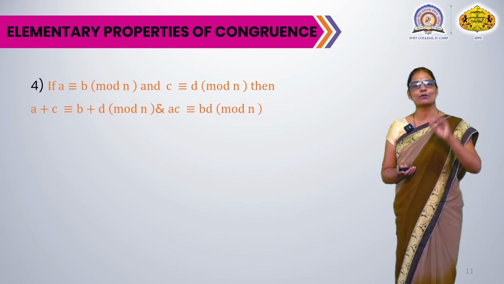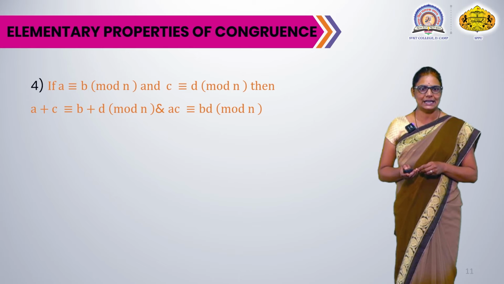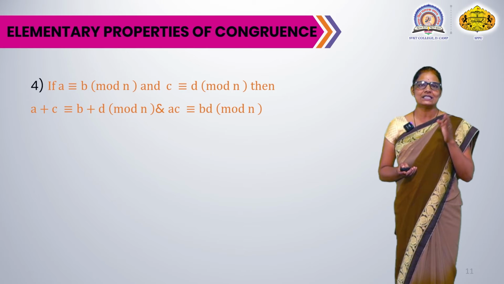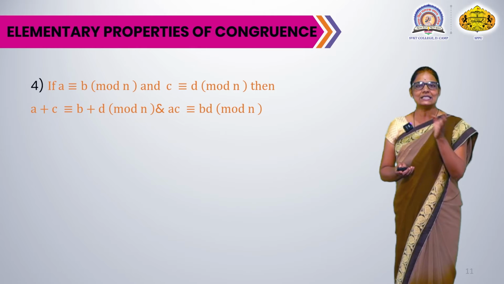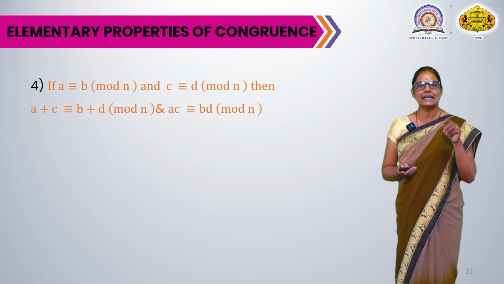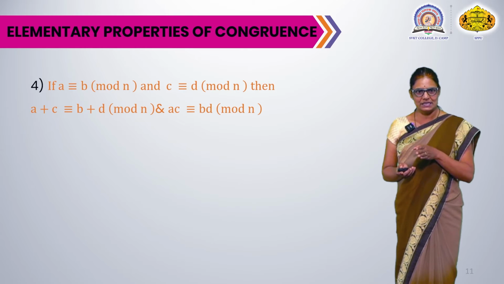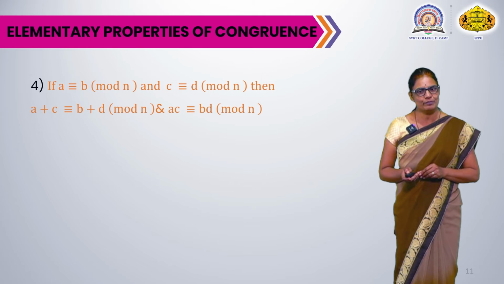This property is similar to an equation. If we consider a congruent to b and c congruent to d as the first and second equations respectively, if we add them we get a plus c is congruent to b plus d, and if we multiply them we get ac is congruent to bd modulo n.